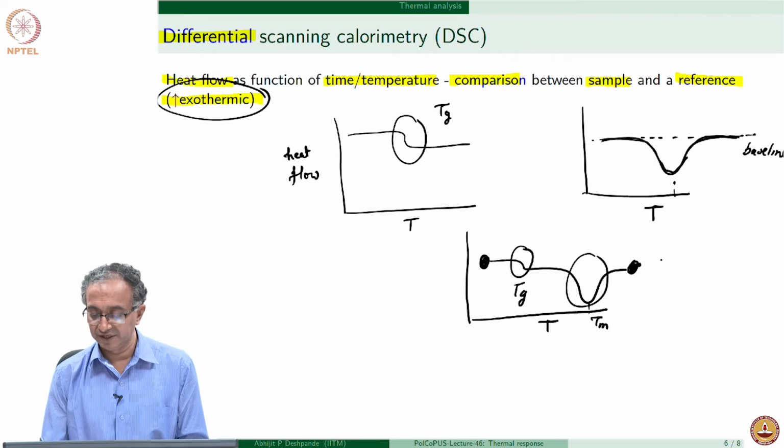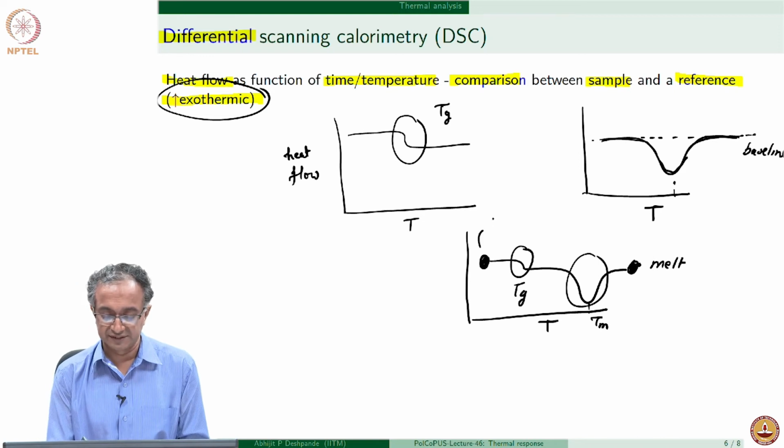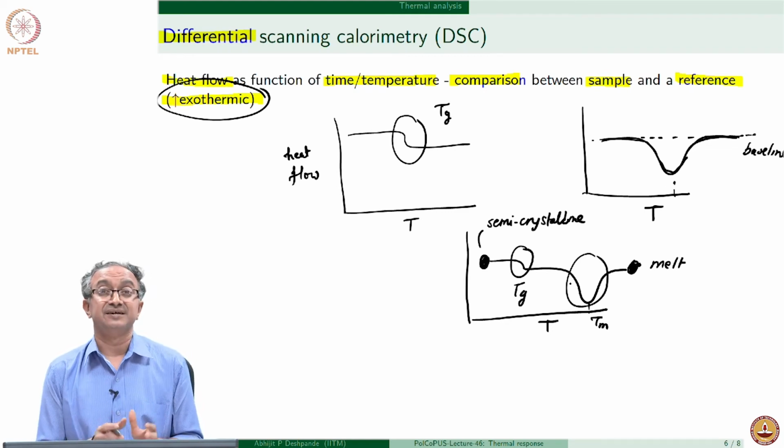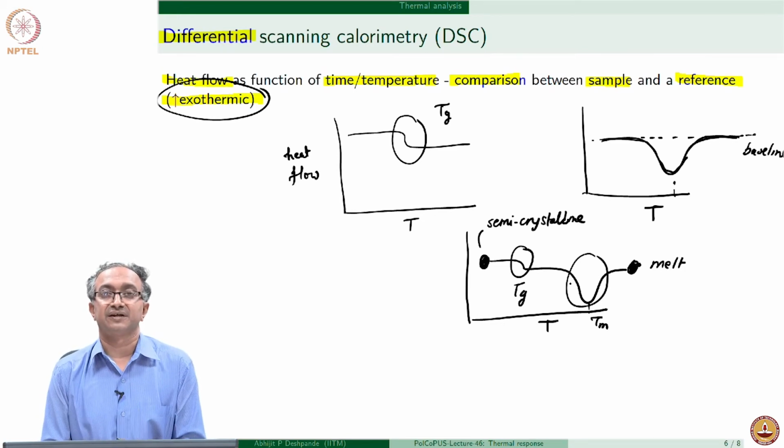And so, here the material is basically a disordered melt, and here the material was a semicrystalline polymer, but in a glassy state, because it has a glass transition associated with the amorphous state and it has a melting temperature associated with the crystalline state. So, therefore, you can see that this way DSC as a technique is very useful to characterize all these thermal transitions that are happening.